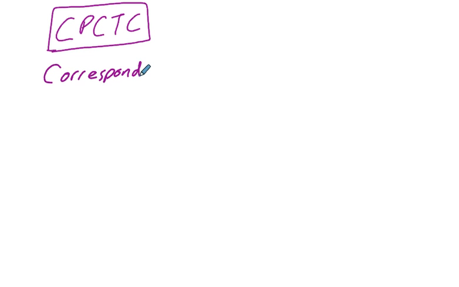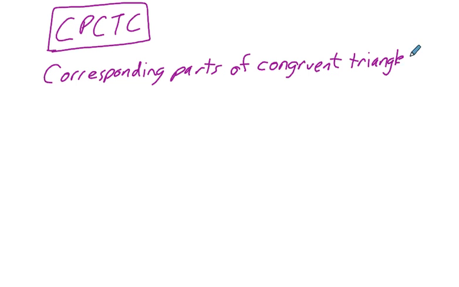So what this right here means, CPCTC, is short to say that corresponding parts of congruent triangles are congruent. So that's your CPCTC.